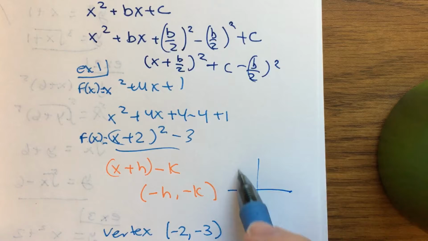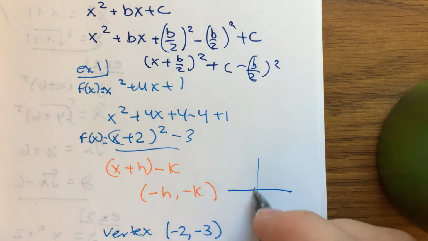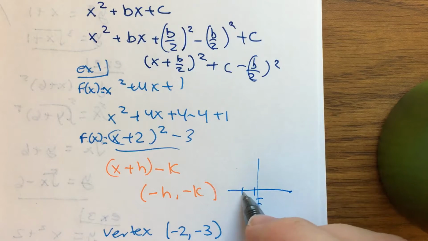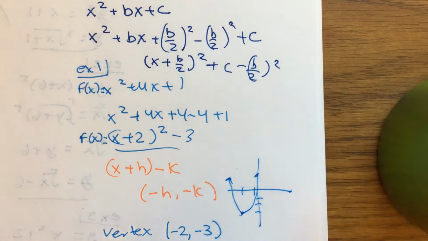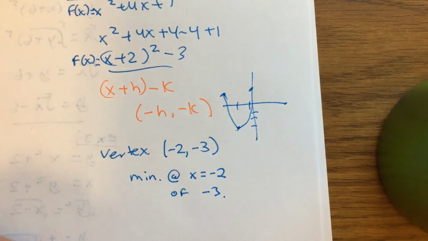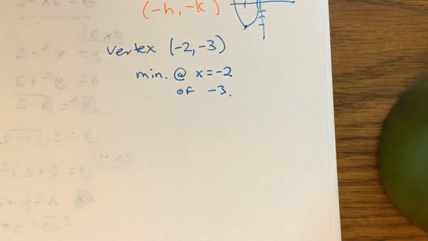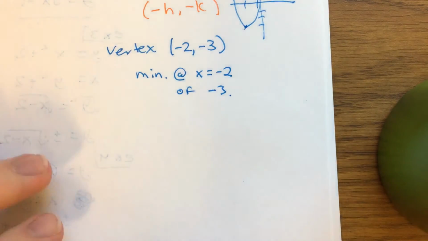It means the parabola opens upward. Not really accurately drawn on the graph, but that's a minimum. Sweet! Wasn't that exciting? I think we're too excited, so we should have another example.